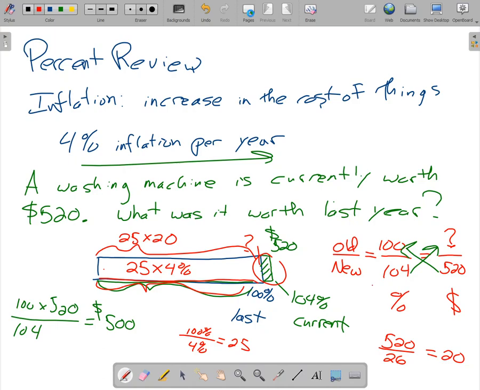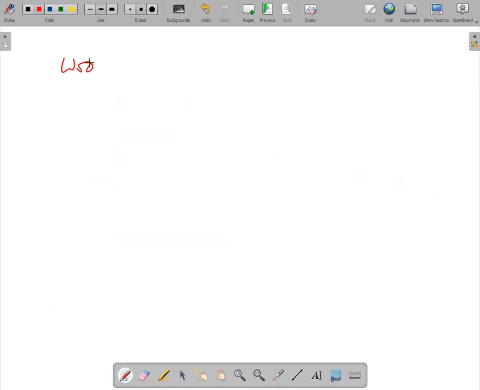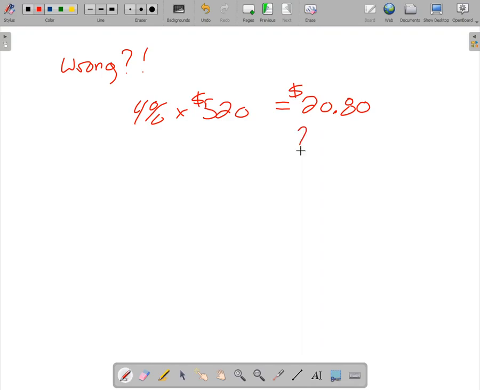So the wrong way would just be to say, hey, I got 4% and I have a number, 520, why not just multiply them? And it's a starting point, but then you have to double check to see if it's right. So, what is 4% of 520? 20.80. So we are guessing that that is the amount of increase.